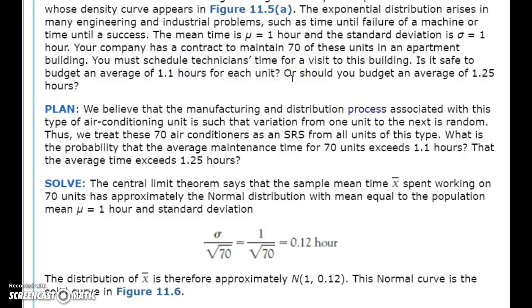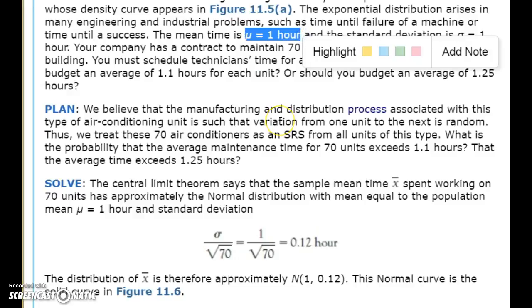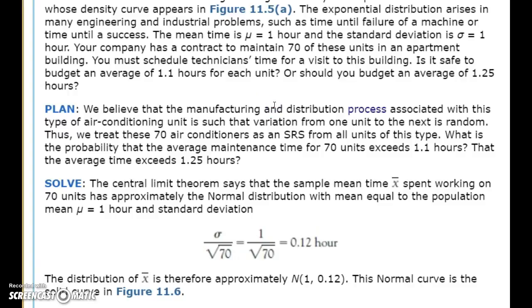So to get at that, we're going to have to look at a different distribution here. Here's where we're going to look at the distribution of sample means. And to get that, we know that the average of that new distribution, the distribution of sample means, is going to be the same as the population average. That's one of the things we've learned from the central limit theorem. But what about the standard deviation?